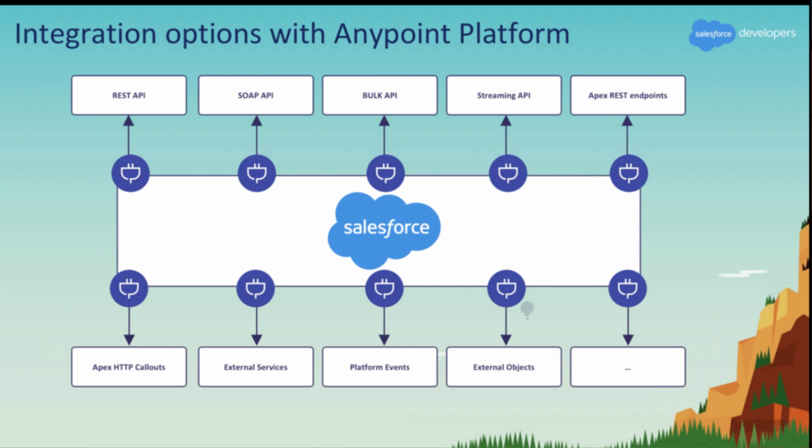You can use the mechanisms of Anypoint Platform to create those integrations via a visual interface, and you can focus as a developer on other parts of your organizational needs for custom development, which is honestly, in my opinion, much more important, because Anypoint Platform frees you from doing that.